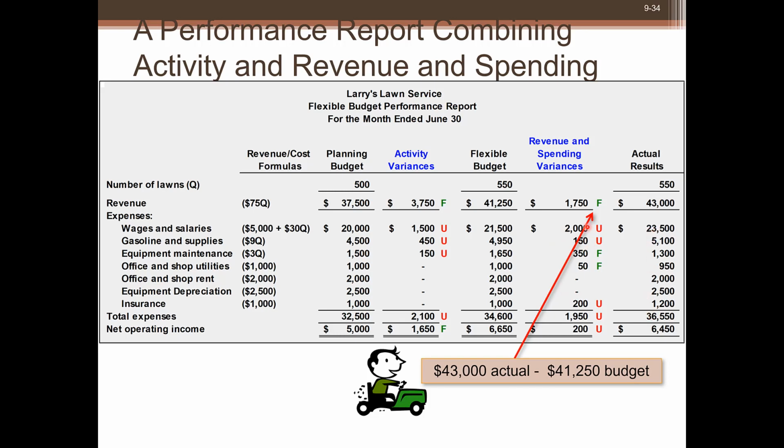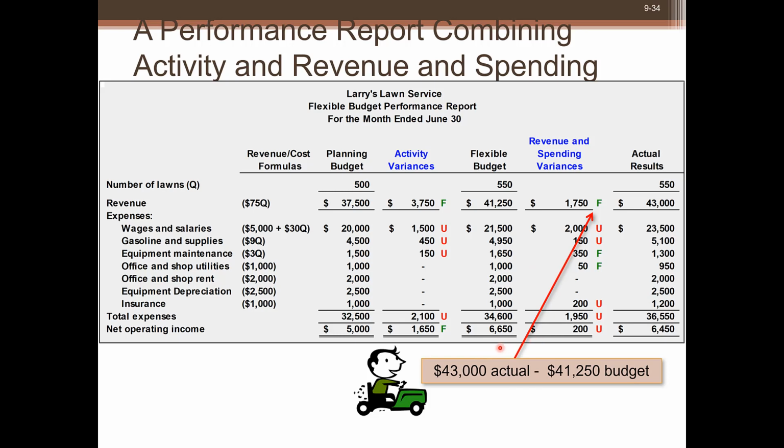And we can identify either favorable or unfavorable spending variances. Keep in mind, if actual costs are less than expected, spending variances are favorable. If actual costs are greater than expected expenses, they are unfavorable.